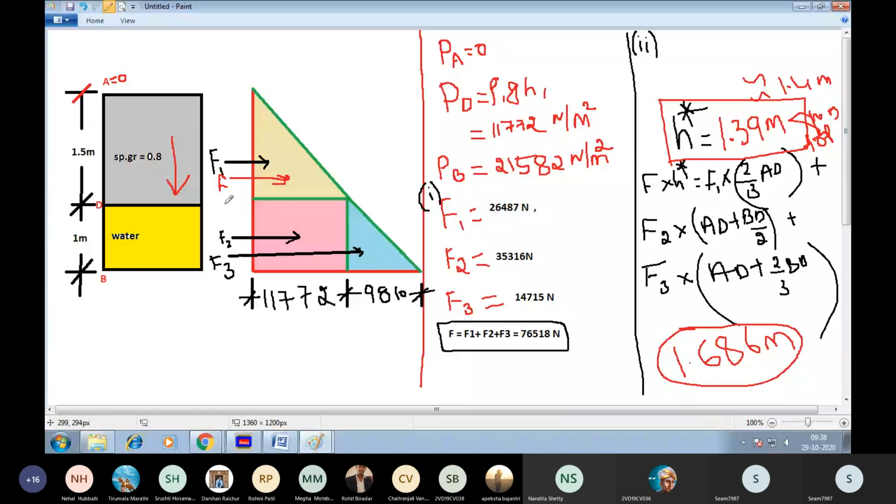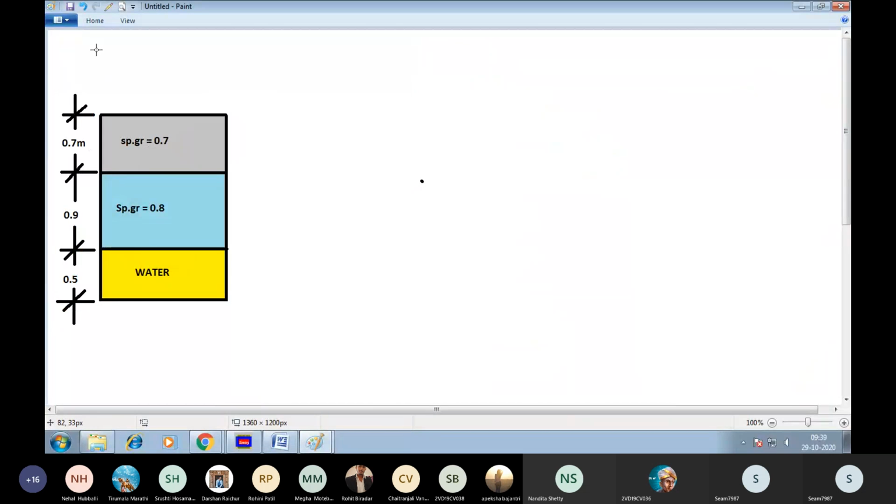Hope all of you have got the same answer. Let us move on to the next problem. Solve it by yourself. Here more than one liquid is there, three liquids.